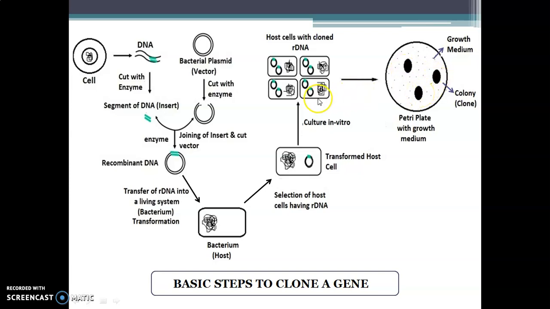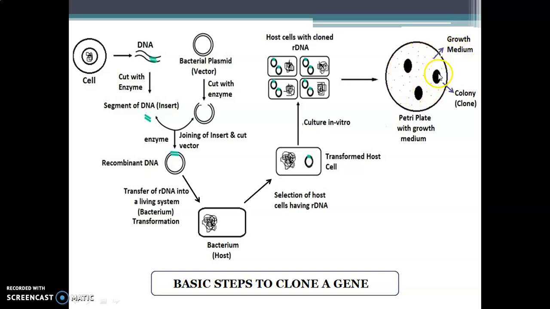Basically, when a single cell grows, it gives rise to a single colony. So if you are growing the bacterial cells on a Petri plate having a solid growth medium, all the bacterial cells will give rise to distinct colonies on the growth medium.